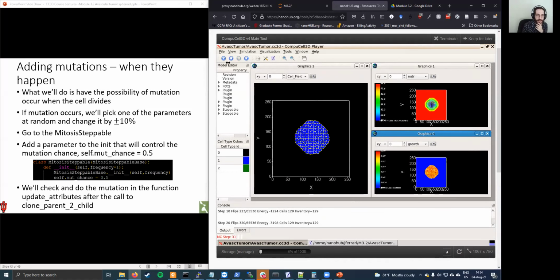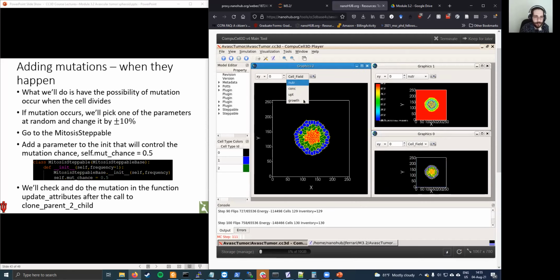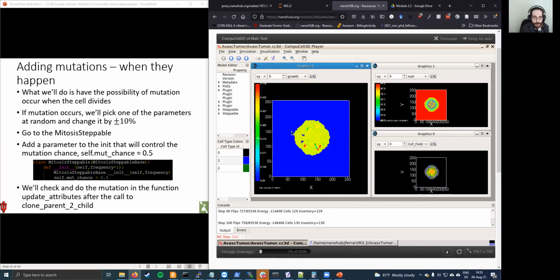And for now, everything is in half because the cells haven't had a chance to mutate yet. But as soon as they mutate, we are going to see this one. Well, actually, let me do different. Let me change this to the cell field and this to the growth field. And we already have cells that are growing faster than others. And we are probably going to see those cells surviving more and become the dominant strain in the simulation.